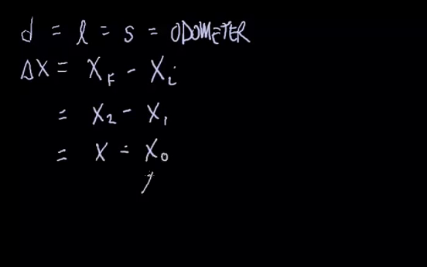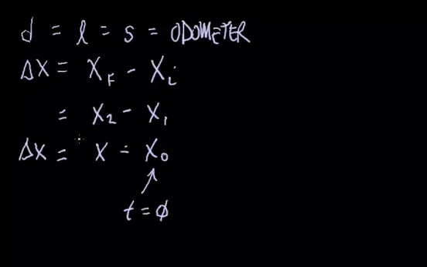Now this x0 can be confusing. It's meant to be when time equals 0. So this would be at the start of our trip, this would be the end of our trip, and that would be what we refer to as displacement. Both can have units of meters, or both feet or miles or inches, whatever units we're working in.